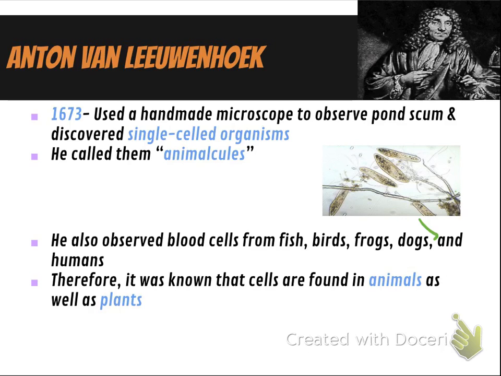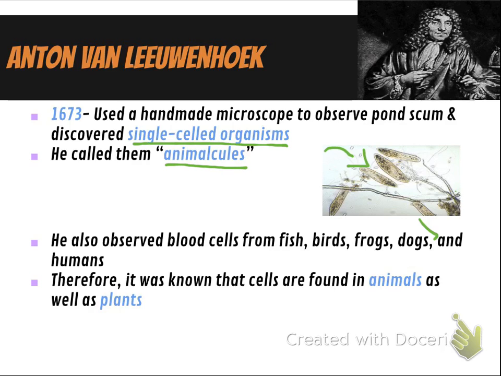So he went out to the local pond, took some of that little film off the top of the pond, and what he discovered were single-celled organisms. And they looked kind of like these things over here. And they moved around. They looked all different shapes and sizes, and because they reminded him of miniature or small animals, he called them animalcules, or miniature versions of animals.